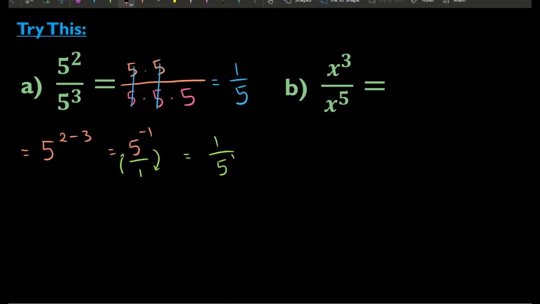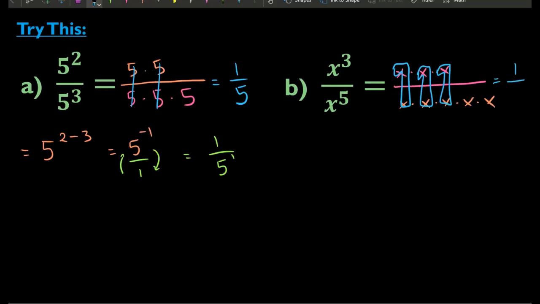Okay, second one: x to the third power is x times x times x. x to the fifth power is x times x times x times x times x, 5 times. You have the same pairs on top and bottom turning into 1. So that will be 1 on top.